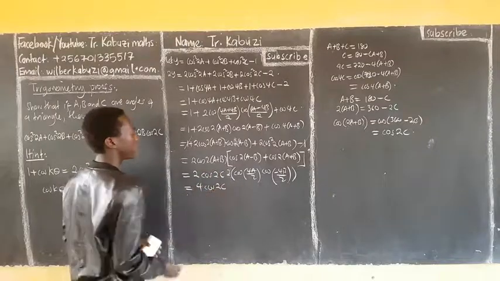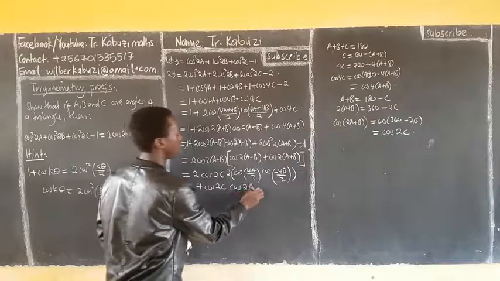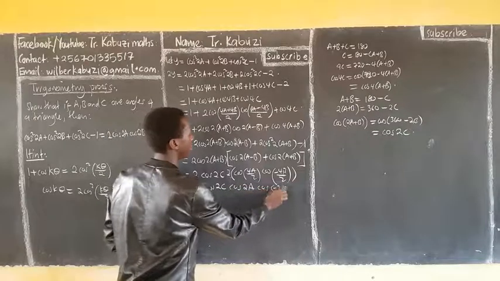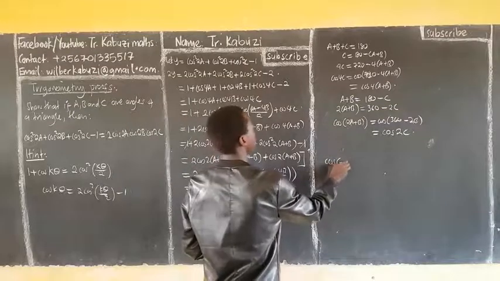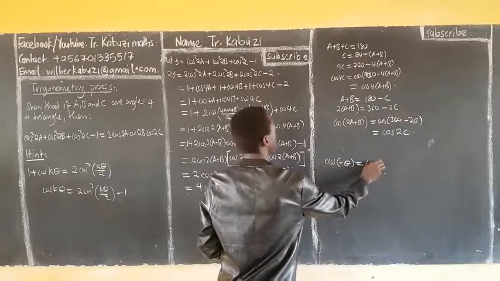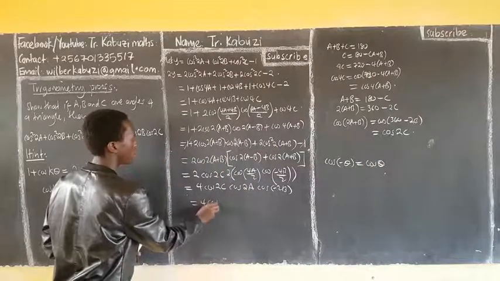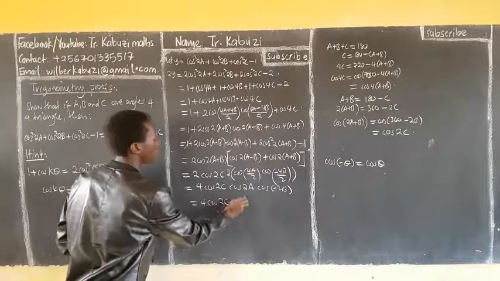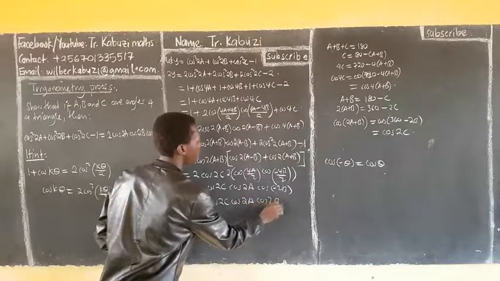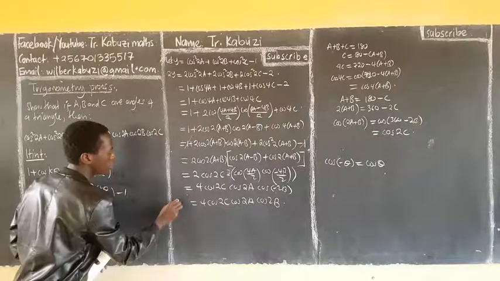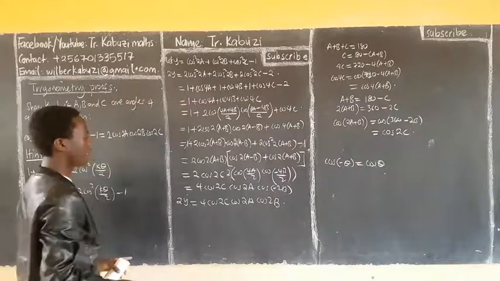Cos 2C. Then from here you have cos 2A, then cos of negative 2B. But we say cos of negative theta is the same as cos theta. So meaning here I have 4 cos 2C, cos 2A, then cos 2B. The whole of this is equal to y. So divide this through by 2.